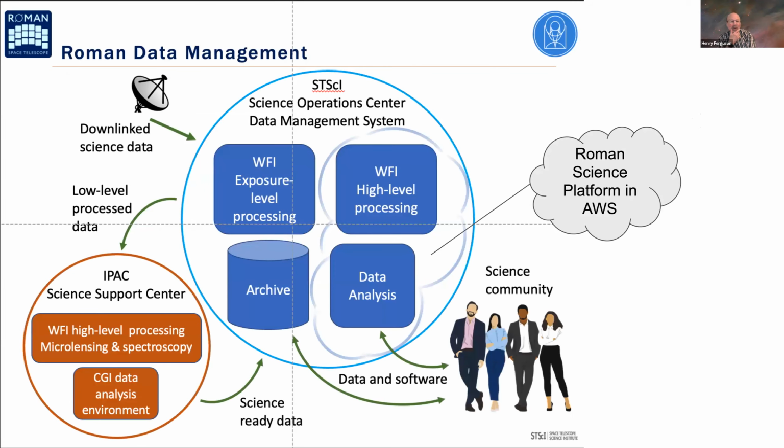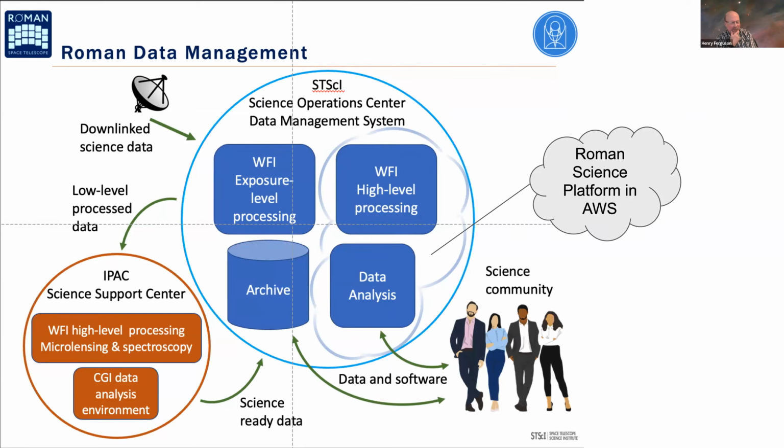Just a quick overview of the data management, which is a little bit complex for Roman. In the center here, the science operations is shared between Space Telescope and the Science Support Center at IPAC. Space Telescope does the basic calibration processing.